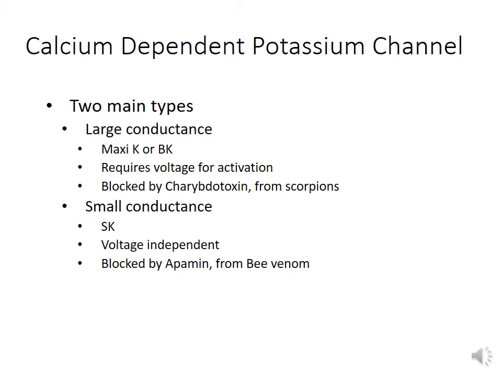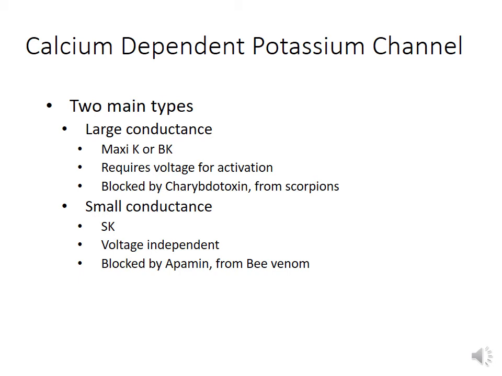Calcium-dependent potassium channels are of two major types: the BK or max-K potassium channels, which require voltage for activation, while the small conductance or SK channels are voltage independent, so they are only gated by calcium.